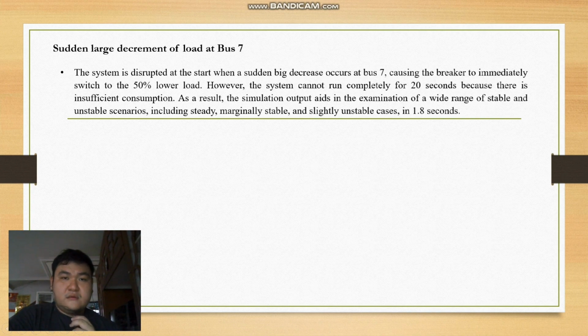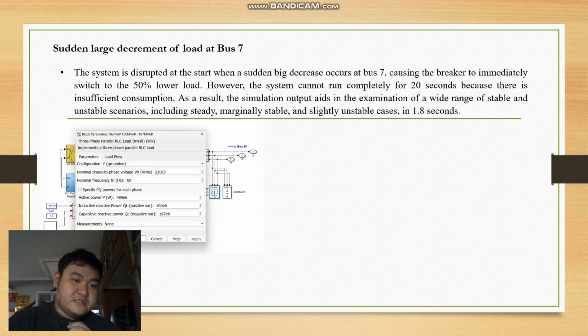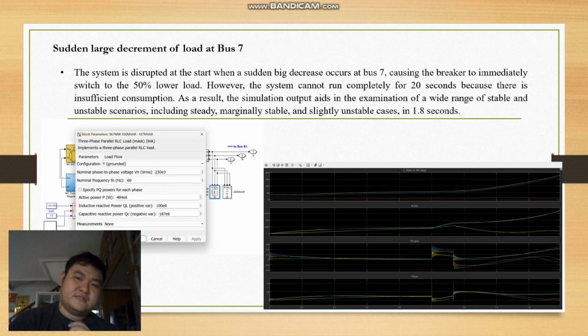As a result, we take the range of stable and unstable scenarios in 1.8 seconds because it cannot run until 30 seconds. So we decrease the volume of the load at bus 7. This is the result for bus 7.